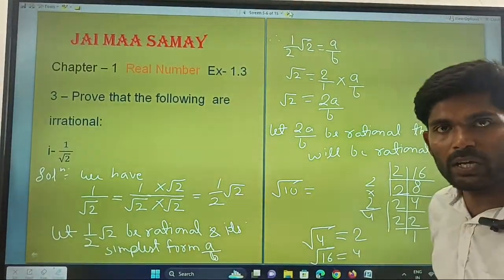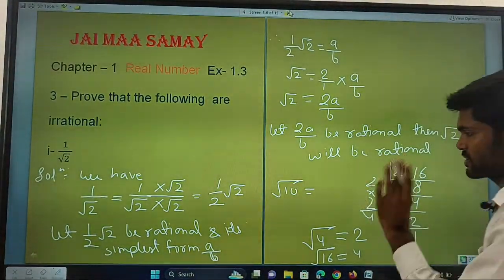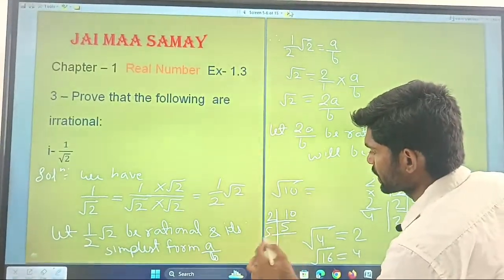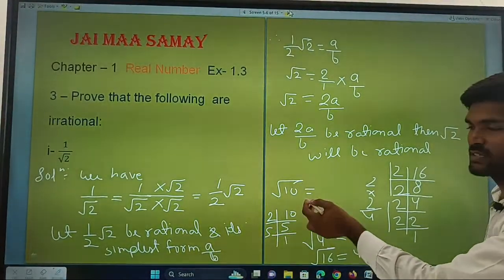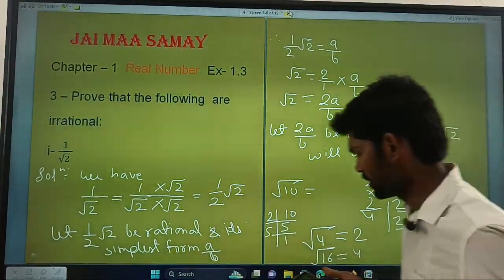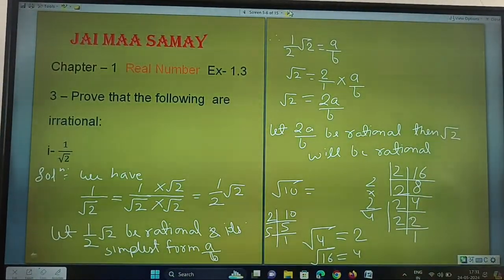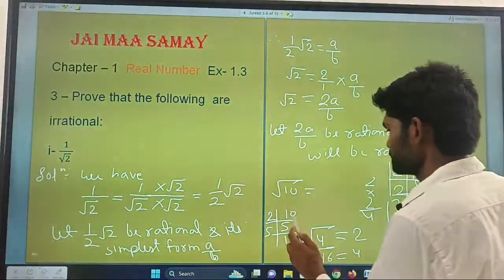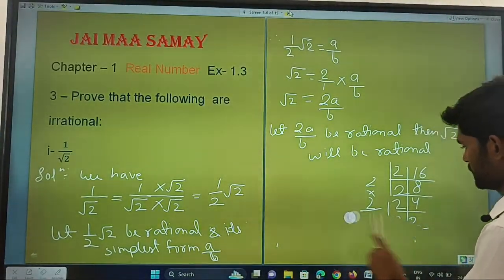That is not a pair of equal prime factors, that's why it is irrational. 10 is 2 times 5. Here you cannot make a pair because of the odd one, that's why this is irrational. Understand? Which is a perfect square, that is rational. Which is not a perfect square, that is irrational.